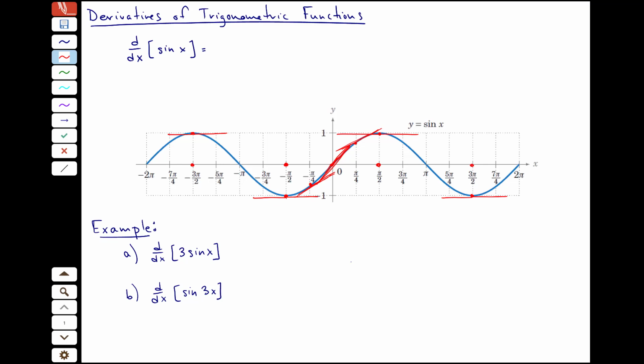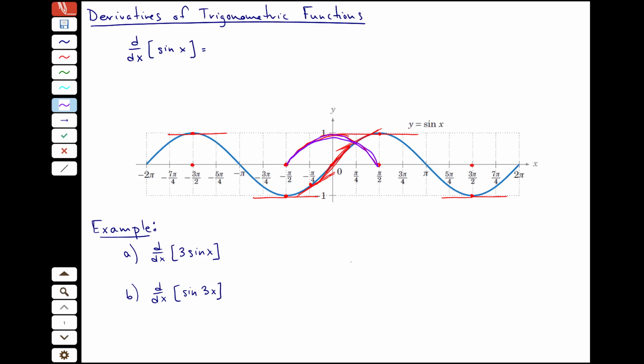Now at minus pi over 2, they start off with a slope of 0. They get steeper and then less steep and then go back to 0. So it looks like at 0 I have a slope of about 1, and so the graph of the derivative might look something like this. And actually I'm going to switch colors so this is a little bit more visible.